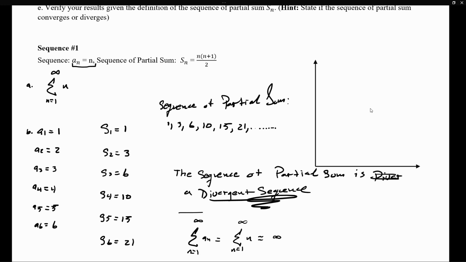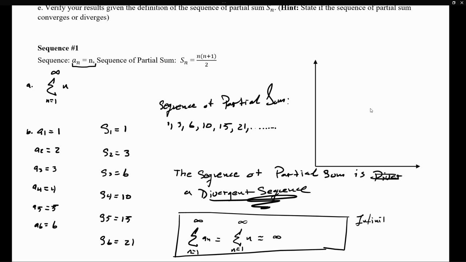So we're just going to say that the infinite sum diverges. We say that it's going to go to positive infinity.